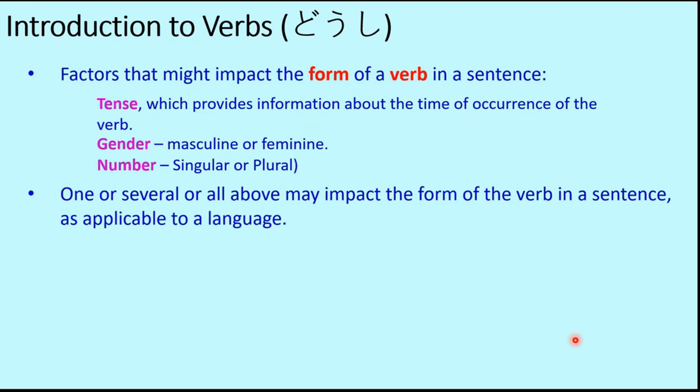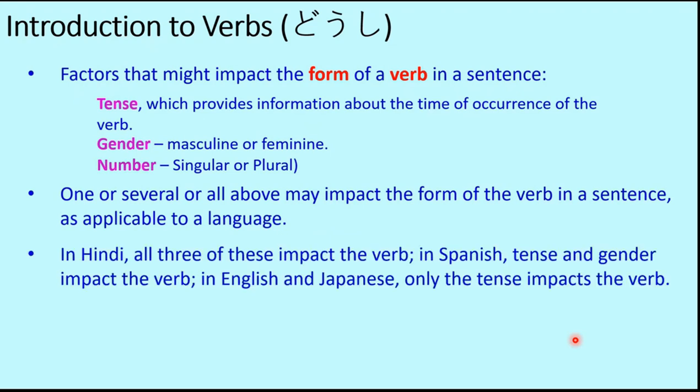One or several or all of the above may impact the form of the verb in a sentence as applicable to a specific language. For example, in Hindi, all three of these impact the verb, that is tense, gender, and number. In Spanish, tense and gender impact the verb, while in English and Japanese, only the tense impacts the verb form.